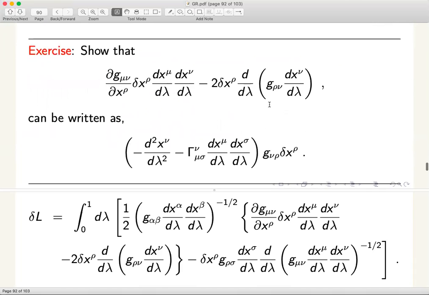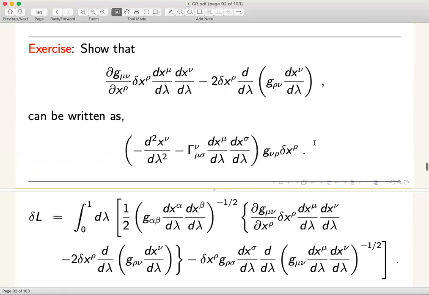You can show that that piece plus this piece gives you an expression like that, times g mu rho times delta x rho. You have to do some small manipulations of these quantities and collect the pieces correctly.